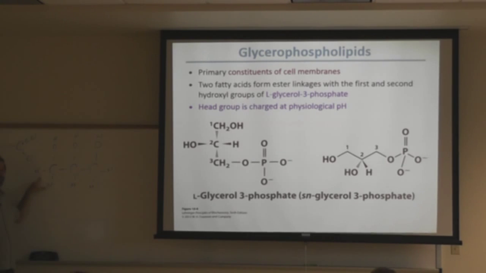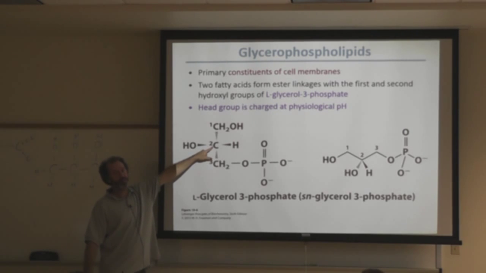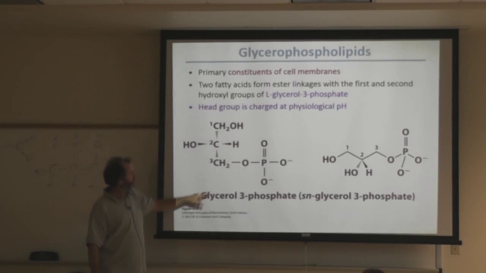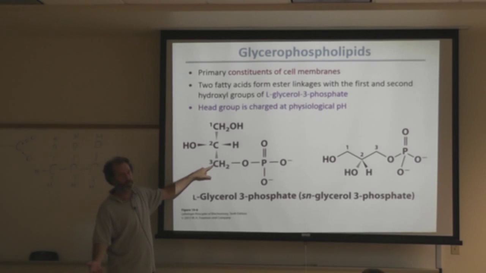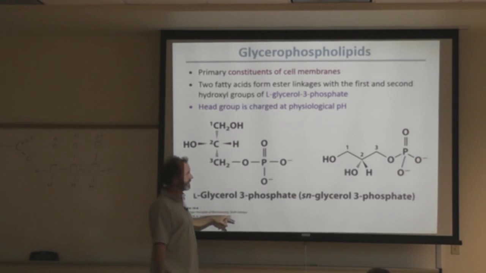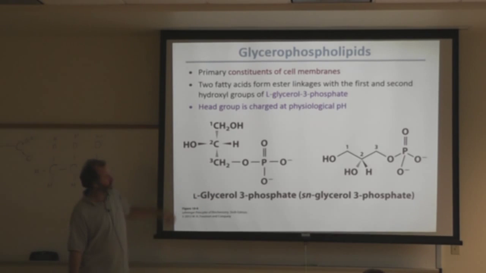But once you add the phosphate, it gives this number 2 carbon chirality. So the phosphate always is given the number 3 carbon designation. So it's L-glycerol 3-phosphate or sn-glycerol 3-phosphate. So you can say glycerol is prochiral. Have you ever heard that term? Before it's modified with the phosphate, you can say it's prochiral.